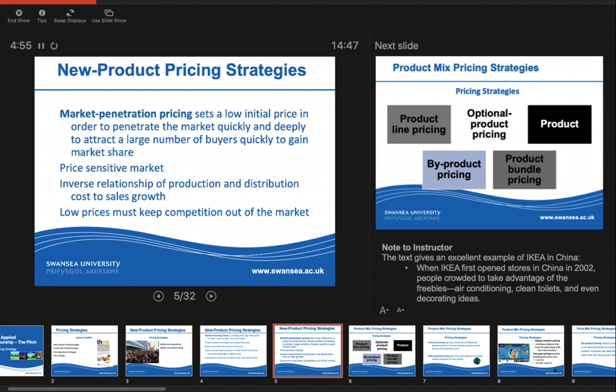It's worth noting at this point as well that with the skimming strategy, there is an upper limit. It's usually about 20 to 30% above market price. So if you've got a fantastic product, a fantastic unique offering, then you can push up to about 30% above the market price, but usually no more.